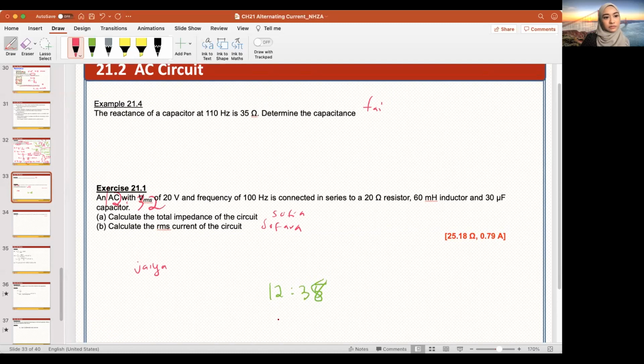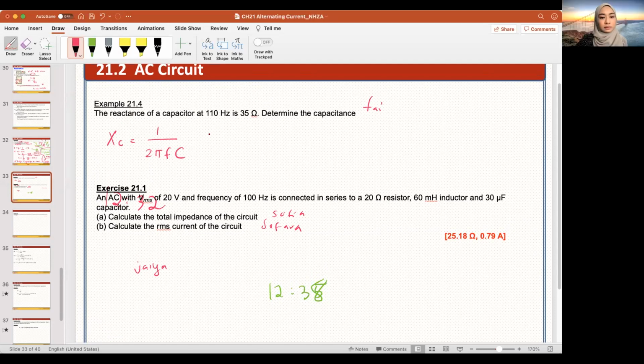This one is Fairuz. Is Fairuz ready? Yes, doctor. Okay, so what's the answer? We use the capacitive reactance equation. So XC equals? XC equals 1 over 2 pi frequency capacitance.